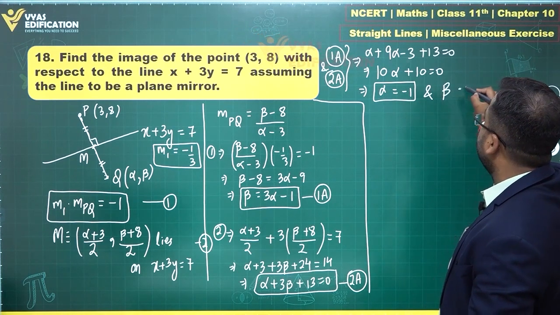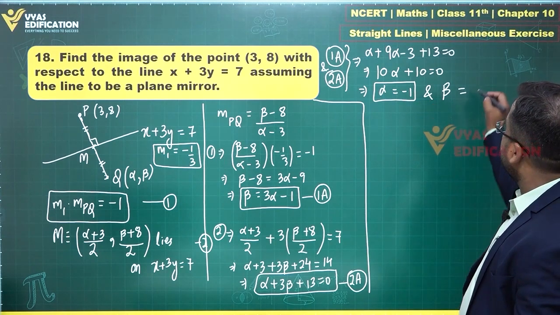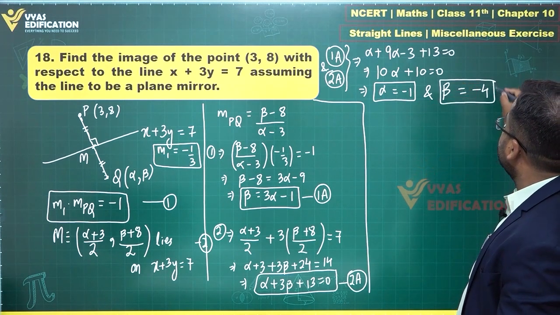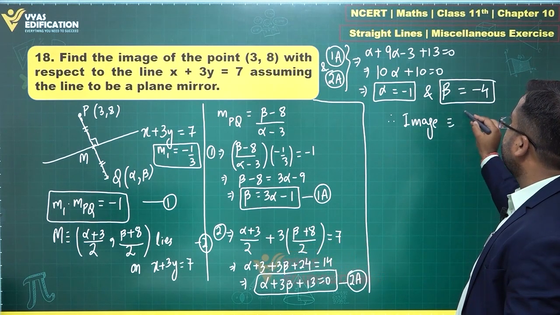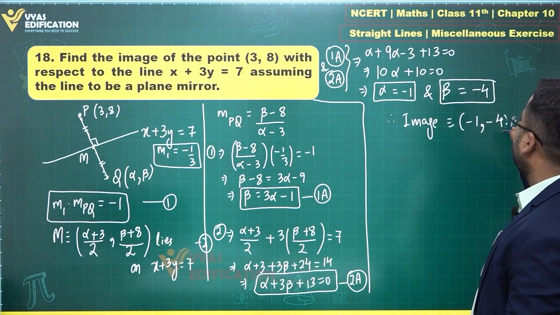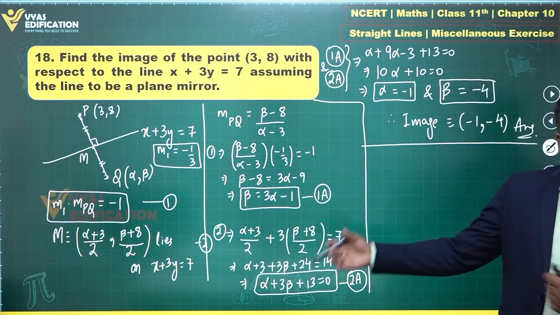And beta will be 3 alpha - 1, which is -3 - 1, that is -4. Therefore the image of this point will be (-1, -4). That is my answer for this question. Yes, that's the final answer.